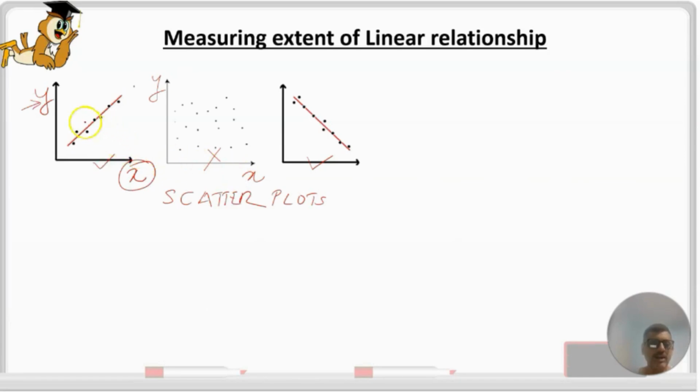For example, if I had some additional points here, is that still a linear relationship? When does it stop being a linear relationship? What is a greater linear relationship, and what is a lesser linear relationship? Since we are talking about algorithms, we need a numerical metric to measure the extent of linear relationship.